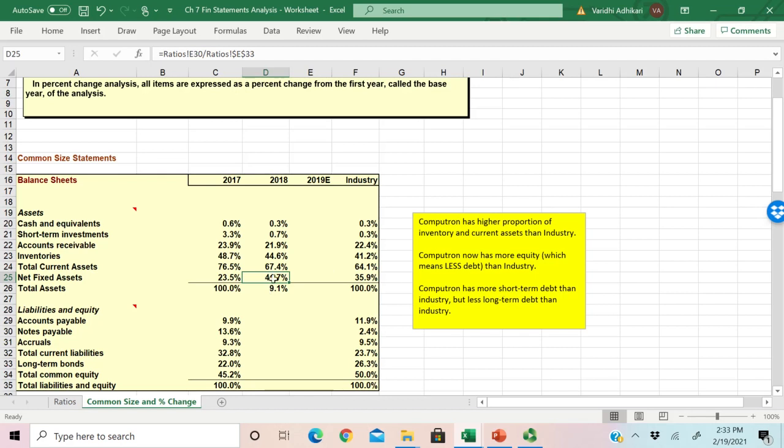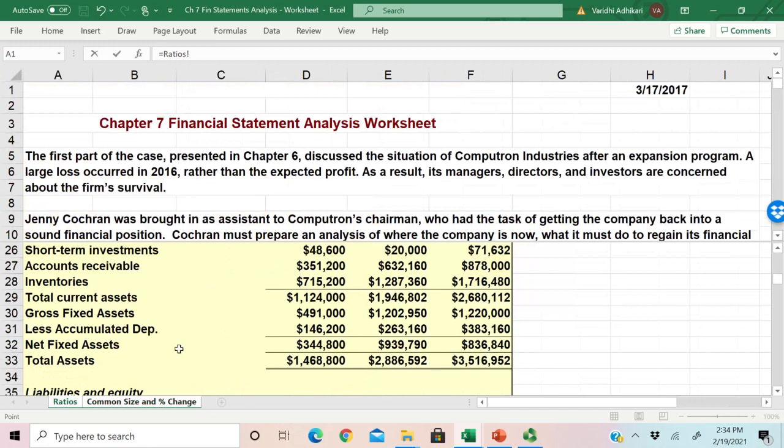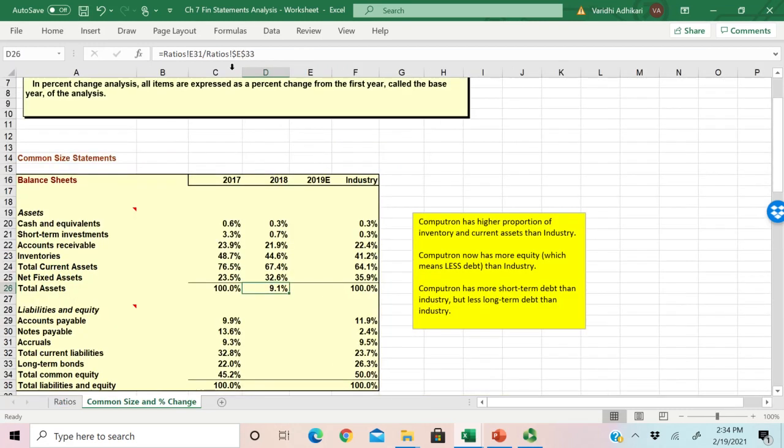For net fixed assets, equals 2018 net fixed assets divided by total assets, E33. Let's put the $ sign one more time here. You can actually copy this part to make your life easier.